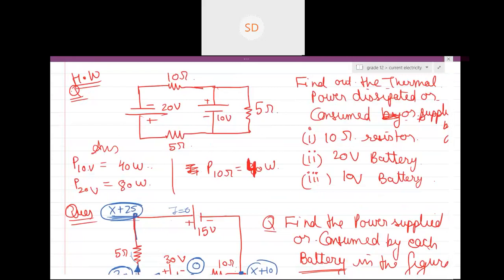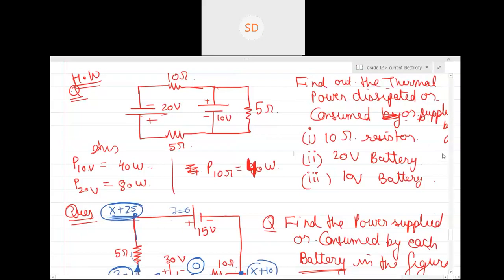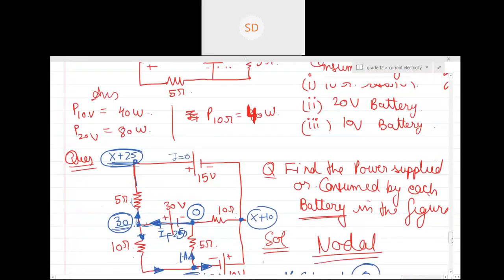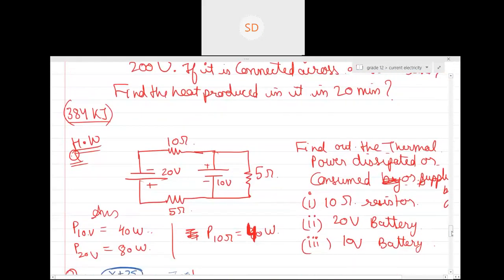Did you apply Kirchhoff? Yeah. I took current in the 5 ohm as I, and in the 10 ohm and 5 ohm as I1. You might have taken it like this.